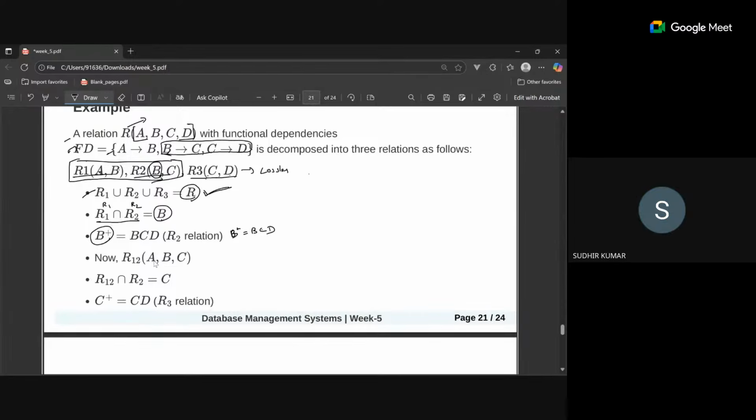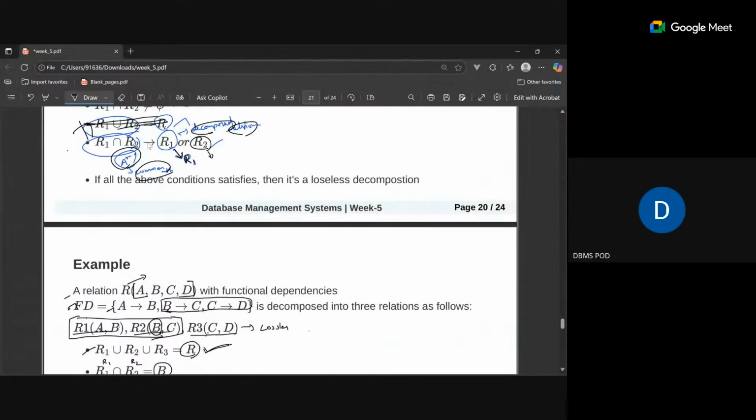Now it's giving B, C, D, which covers my R2 relation. R2 contains BC, and this closure also gives BC, so it satisfies my R2 relation. If you take the intersection, it should determine either one of the relations.